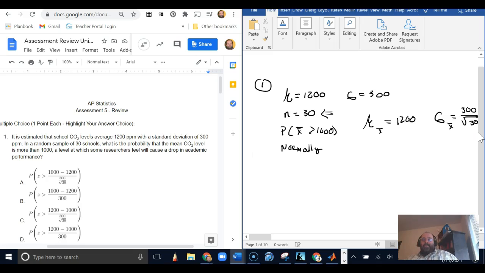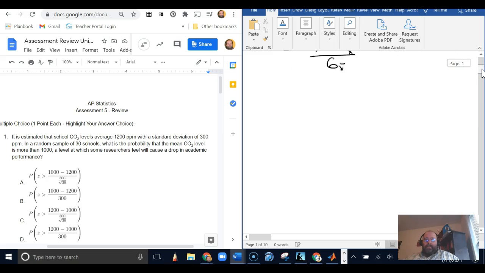Okay, so let's think this through. My z-score is going to come from the fact that we're normally distributed, right? So the z-score should be x bar minus the mean of the x bars over the standard deviation of the x bars.